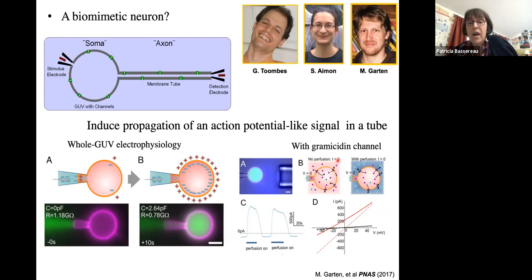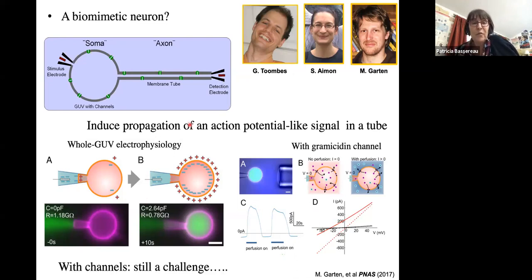But if you have outside a buffer which contains choline, which is impermeable to gramicidin, you create an asymmetry, and the system spontaneously, when it's perfused, is able to create a current. And now, if you apply a potential across the membrane in addition to this perfusion, you can see an active current, which is now driven by the electrodes through the membrane.